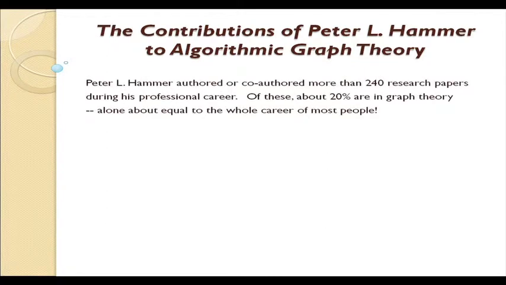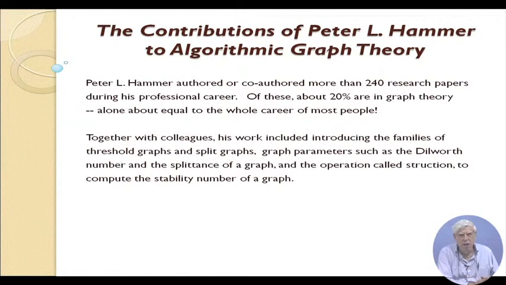So let me say a few things about the contributions of Peter Hammer to algorithmic graph theory. Peter authored more than 240 research papers over his whole career. 20% of them were in graph theory, and that alone would be a significant number just for an individual, just that 20%.